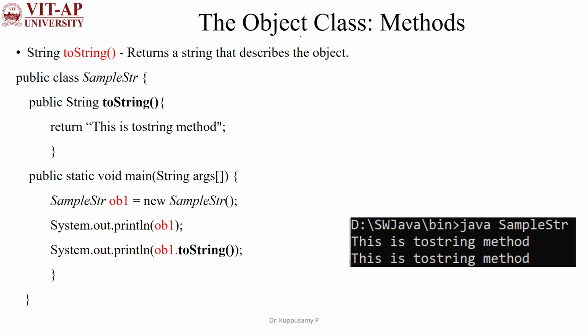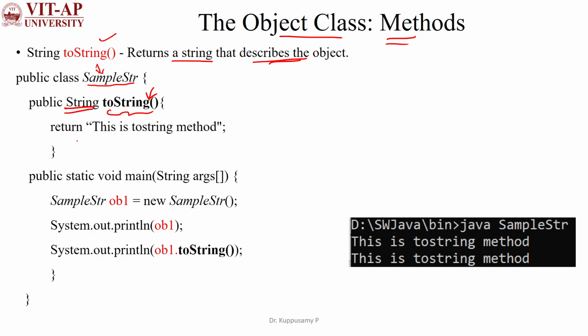Another Object class method is the toString method. It returns a string describing the particular object. For example, SampleStr is the class name, which has a method toString.